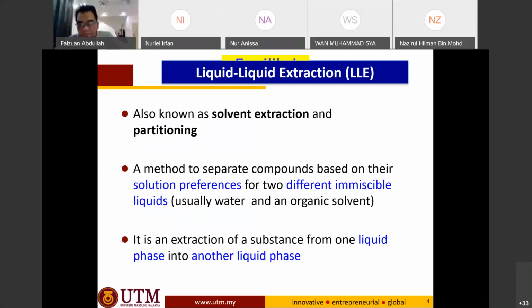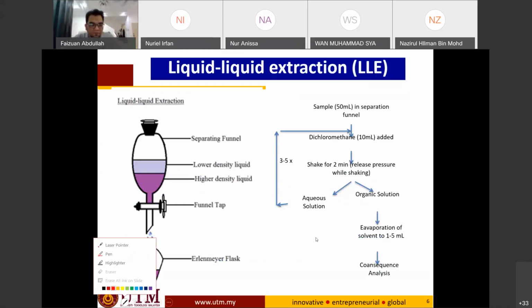Have you seen this funnel before? The separating funnel. Normally, in the separating funnel, we have a valve to close, and then we have a funnel tap.